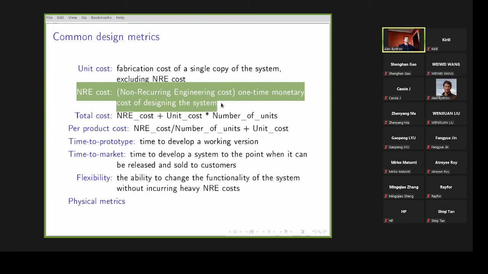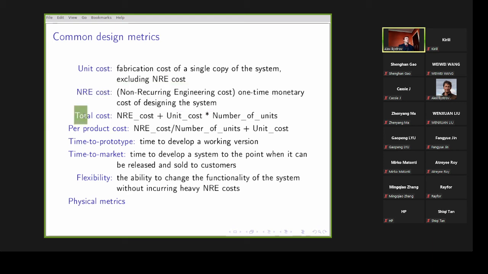So now we'll have learned that it's not just the cheapness of a single device which matters, but also how much we spent in advance in order to develop this. And eventually you may want to add the two things together somehow.